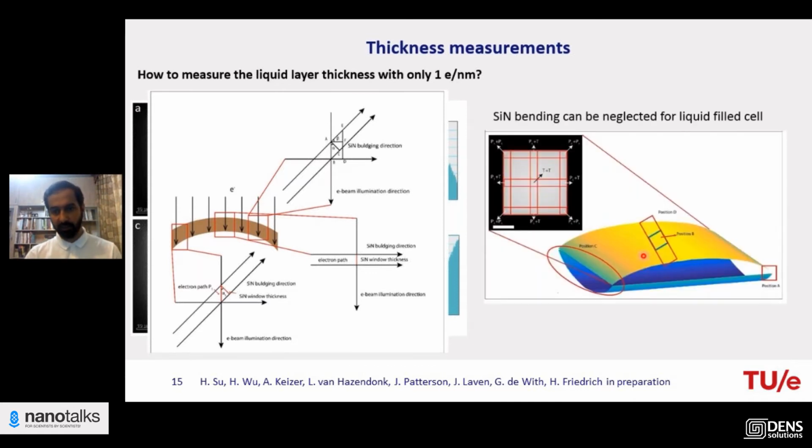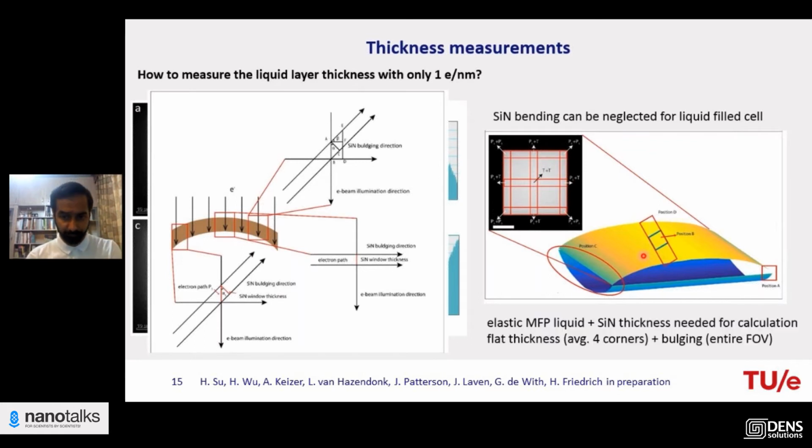So we have done a modeling on the data that we have via MATLAB, calculating the four corners and the middle, and we have found that the thickness of the bulging of the cell due to the bulging effect depends on the pressure.